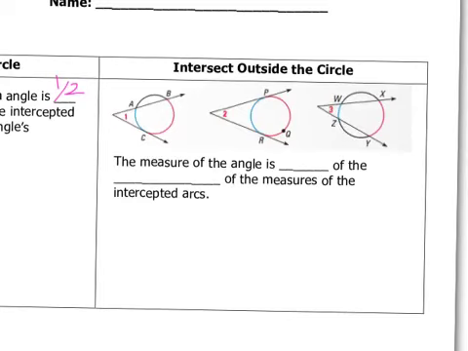All right, what you are going to do to find the measure of this angle is take half of the difference of the big minus the small.